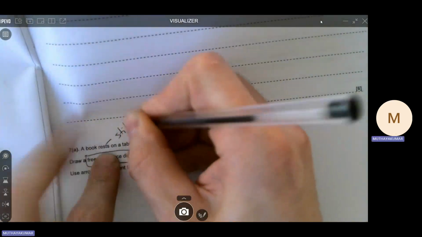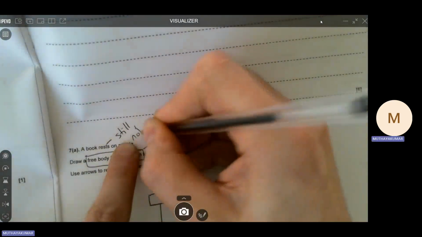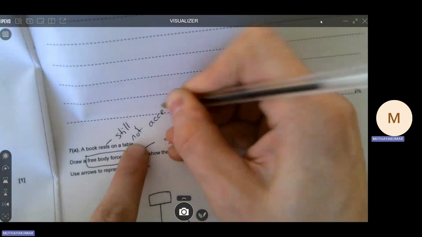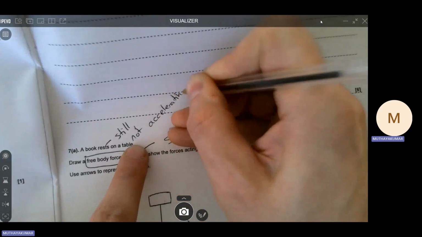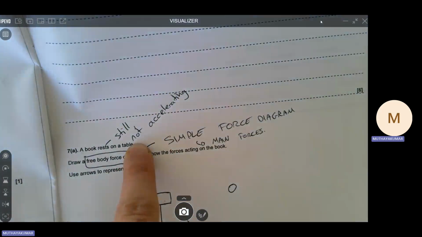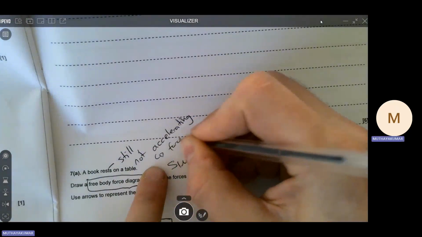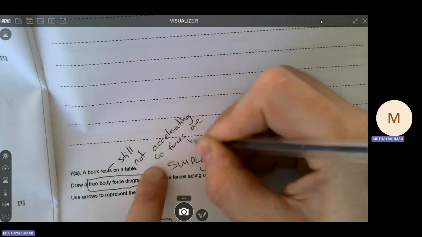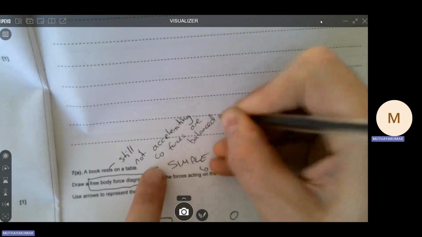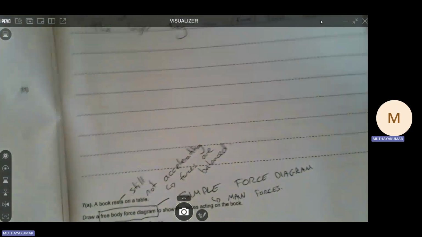So it is still, it is not getting faster, it's not getting slower, it is not accelerating, which means the forces are balanced. It's not flying across the table doing anything crazy.